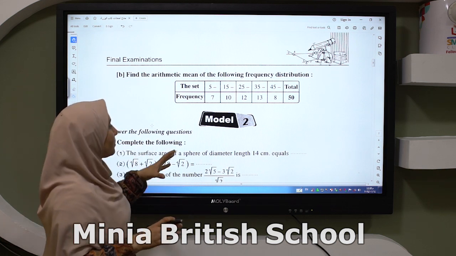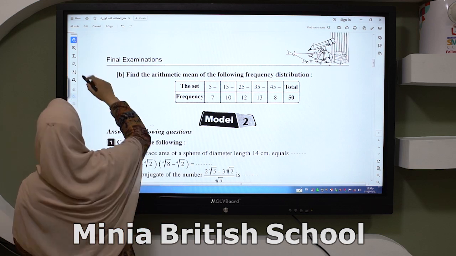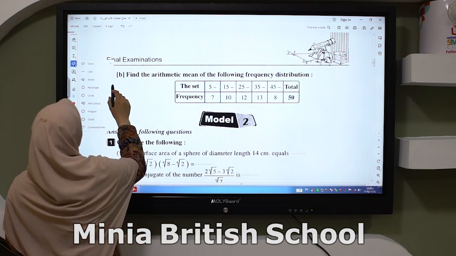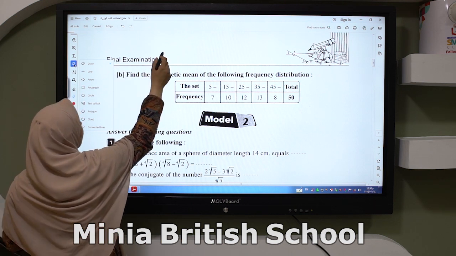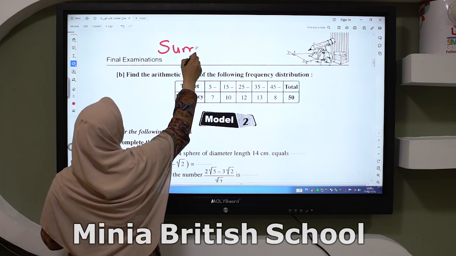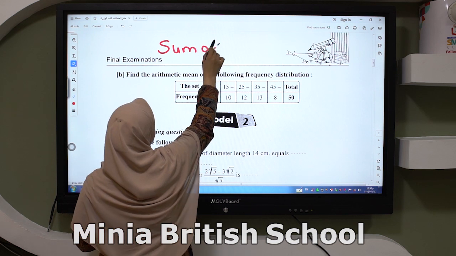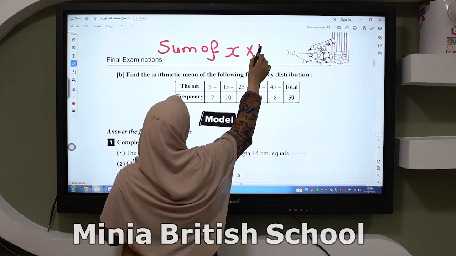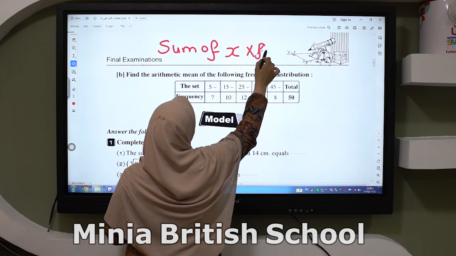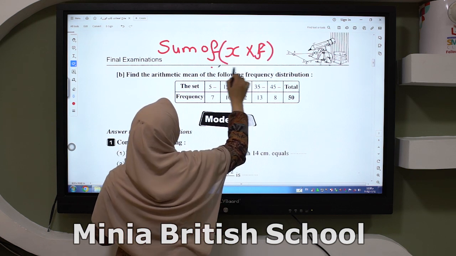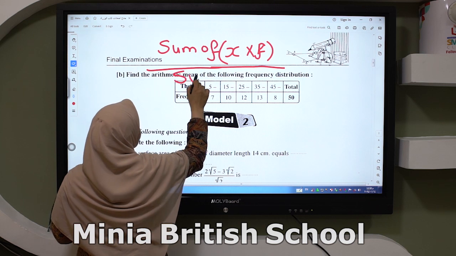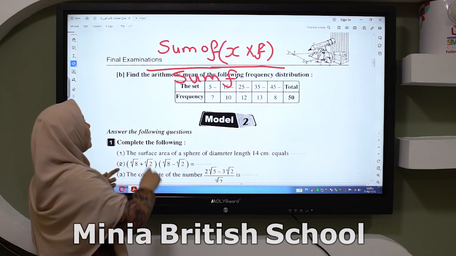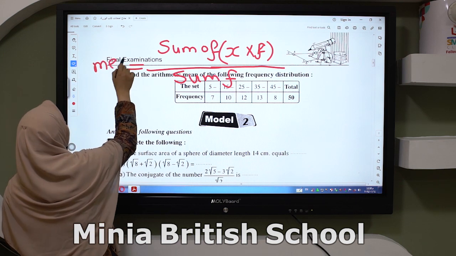I need to find the arithmetic mean, and we know the rule of the arithmetic mean equals the sum of x times f divided by the sum of f. It's the rule of the mean.